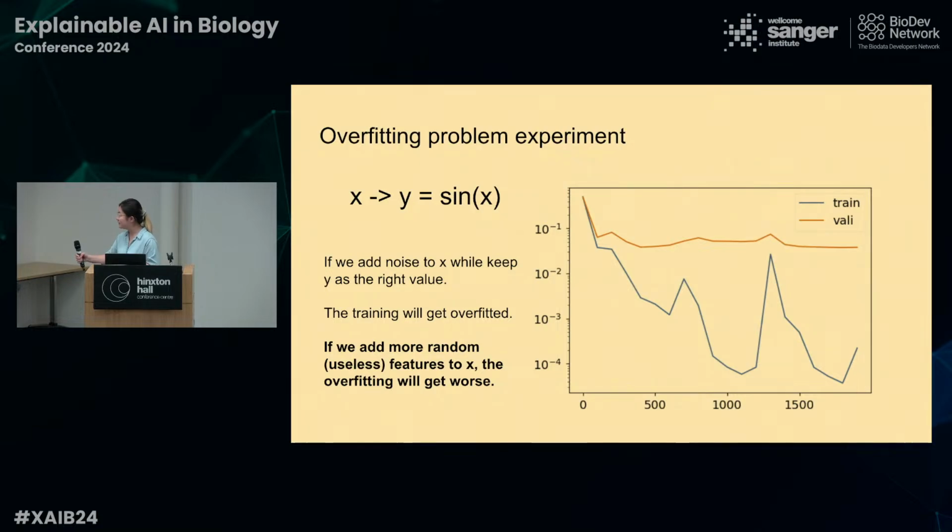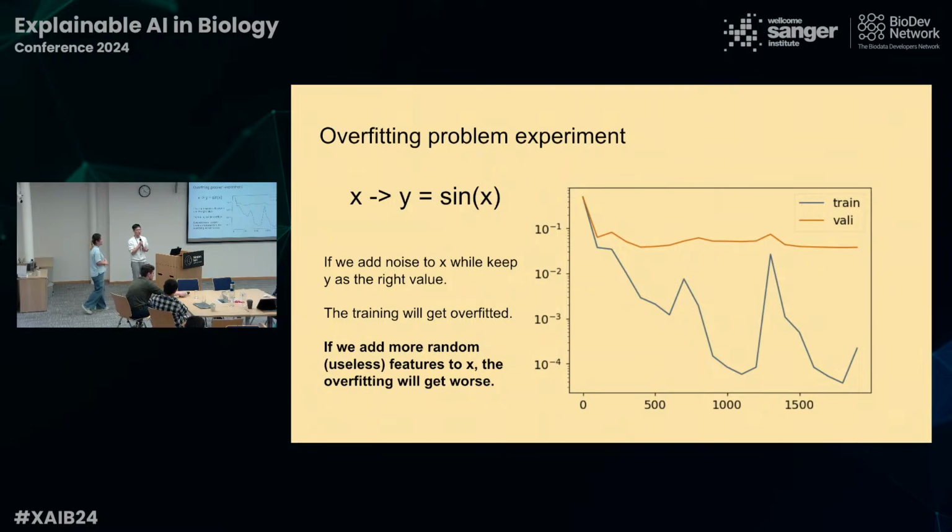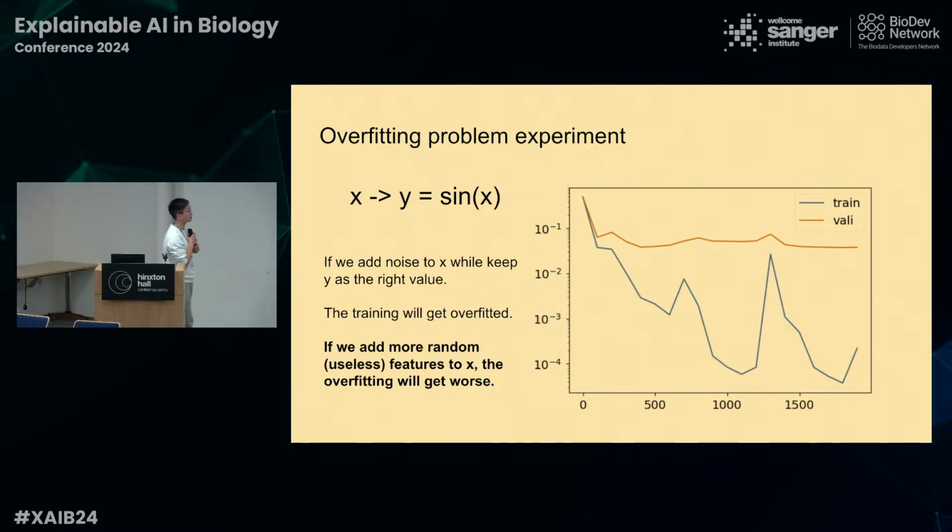I'm going to introduce this. We also did some experiments just on the overfitting problem. For example, if we just use a neural network to predict y from x, where x is the coordinate value and y is just sin x, and we add noise only to x instead of adding noise to y, we can see the model gets overfitted on the training dataset because we didn't give enough data.